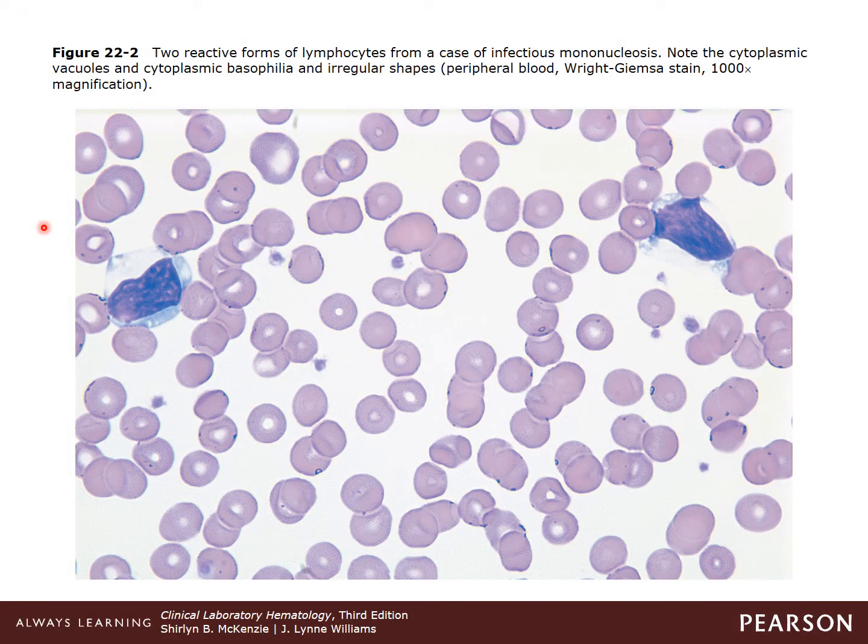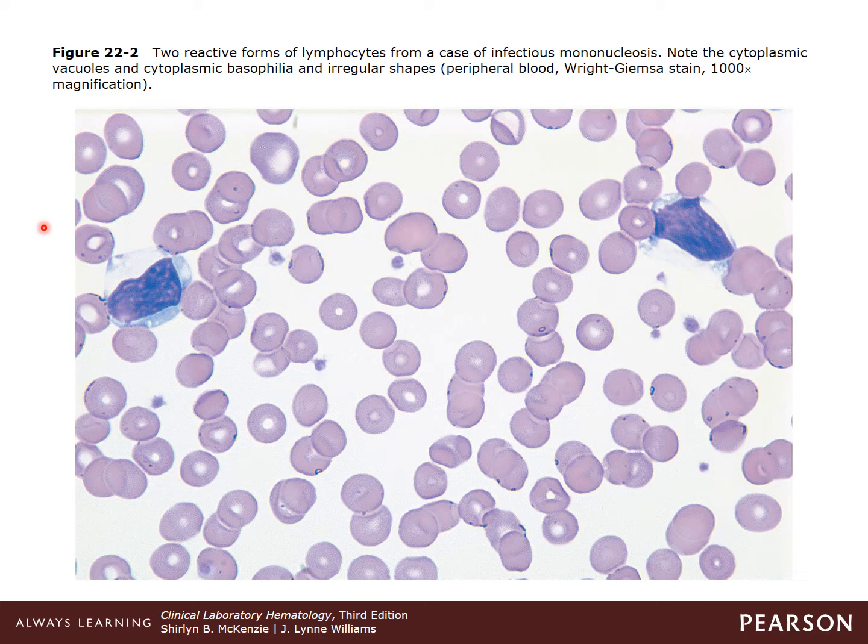Now, in the hematological findings for the lab, you're going to need serological tests to confirm the diagnosis. But in the peripheral blood, during active viral infection, an intense proliferation of lymphocytes occurs.